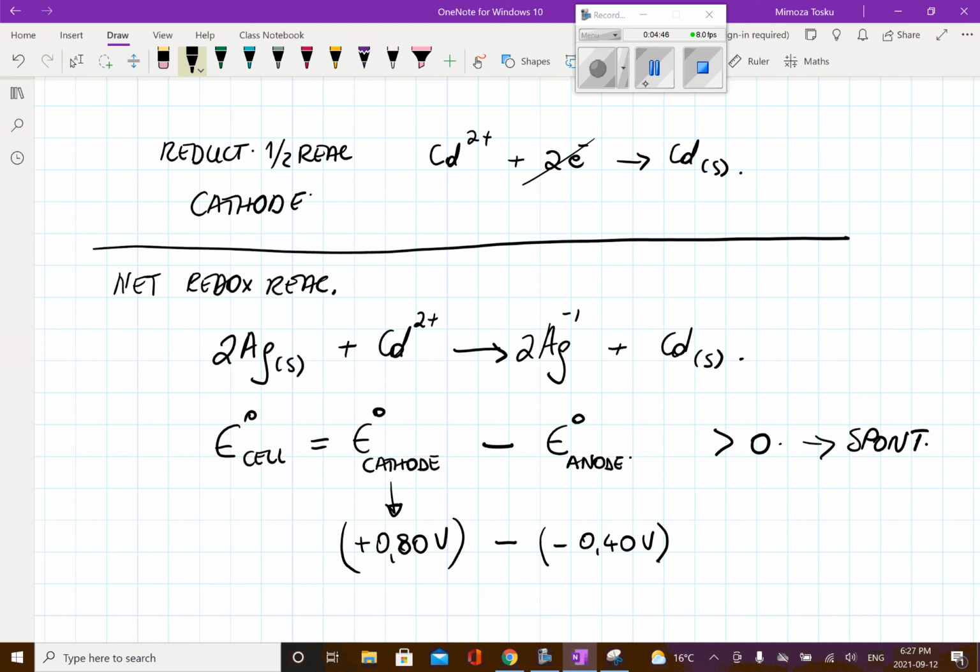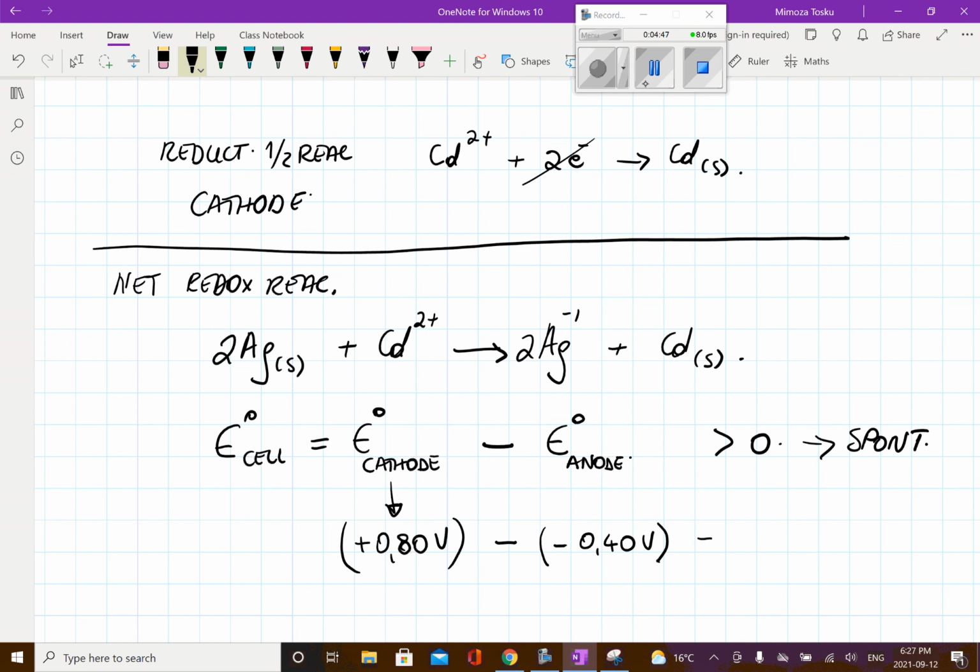And when we add those two together, we will have the electric potential of the cell as positive 1.20 volts. The positive sign tells that it is a spontaneous reaction, and this is how we calculate the voltage of the cell.